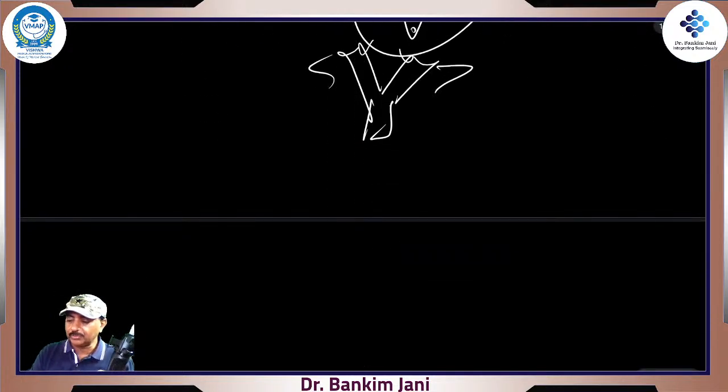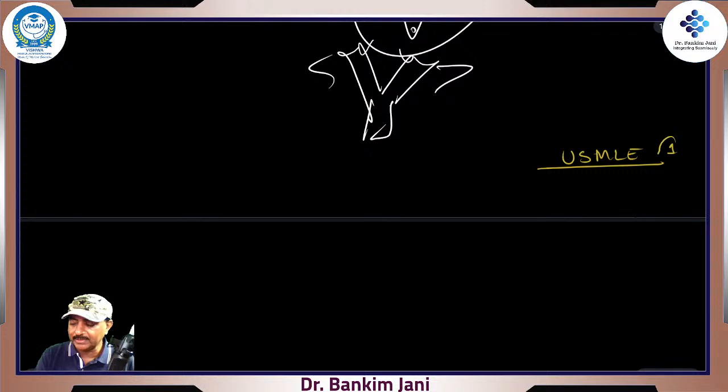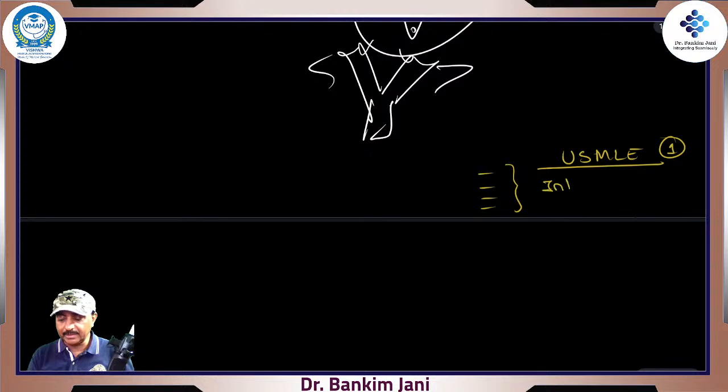But when it comes to USMLE, it is always said that for USMLE Step 1, if you try to learn every topic separately, right? You learn anatomy, physiology, biochemistry, pharmacology separately, you won't be able to integrate it. Integrate means you won't be able to figure out how things are interconnected.